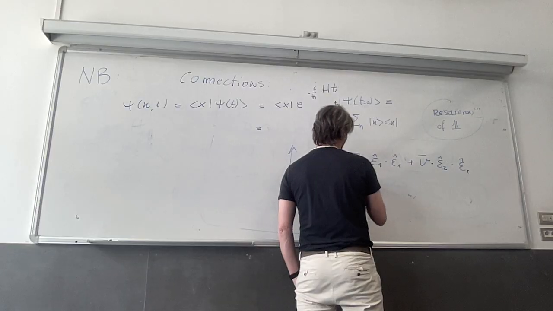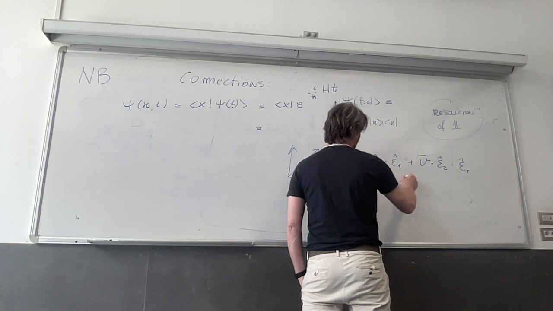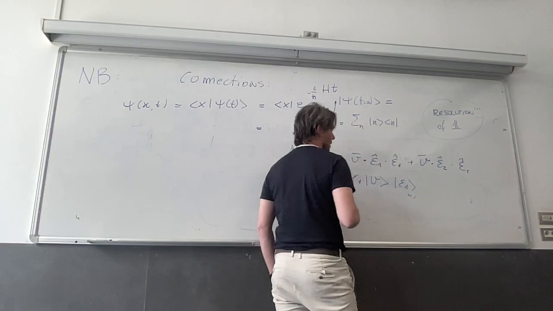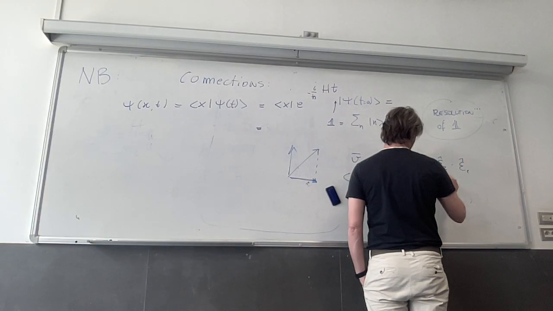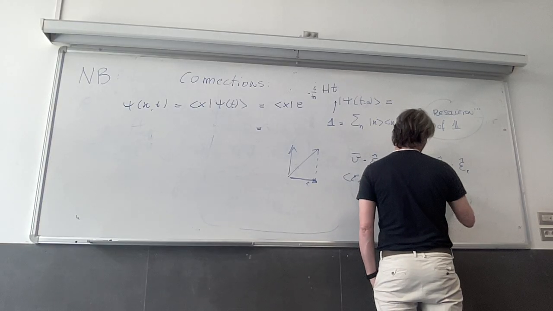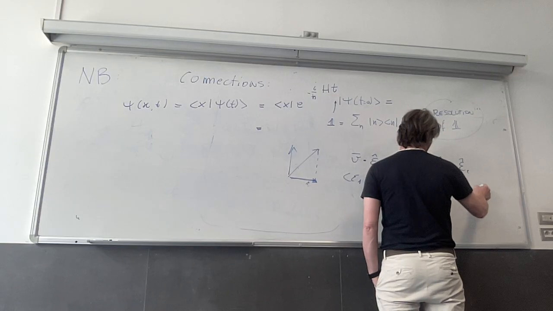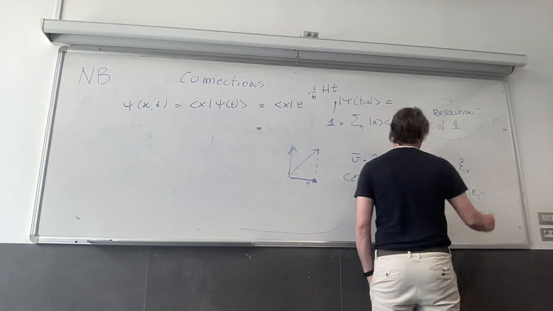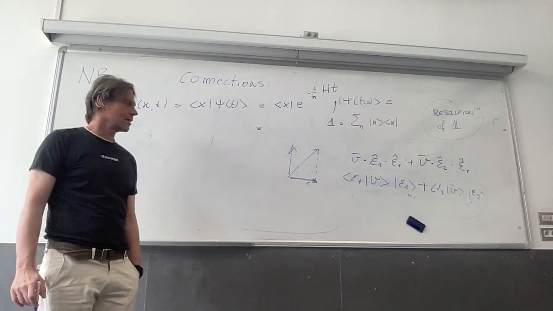Saying bra epsilon 1 v ket epsilon 1, and I was doing bra epsilon 2 v ket epsilon 2, right? I'm just using a slightly different notation.